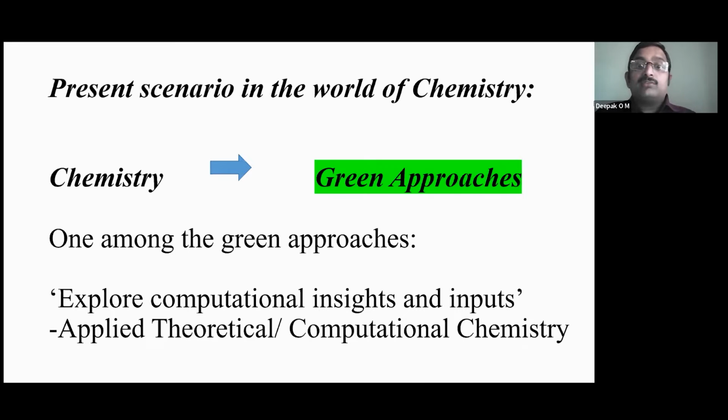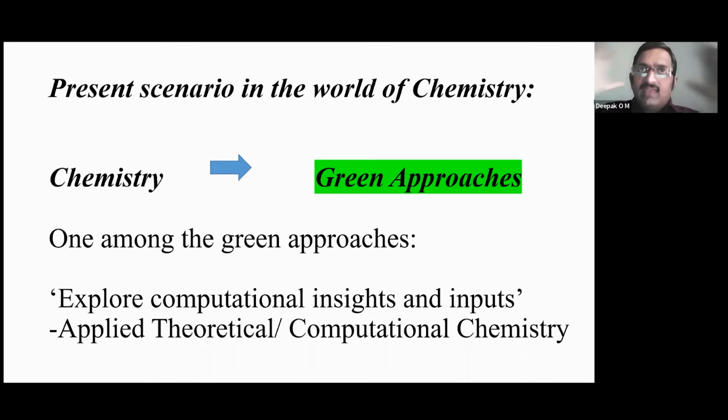In these contexts of green approaches, applied theoretical and computational chemistry is going to play an important role. I don't say going to, it has started to play an important role, especially in medicinal chemistry and related things. Not only in medicinal chemistry, but also in synthesis and design of materials.